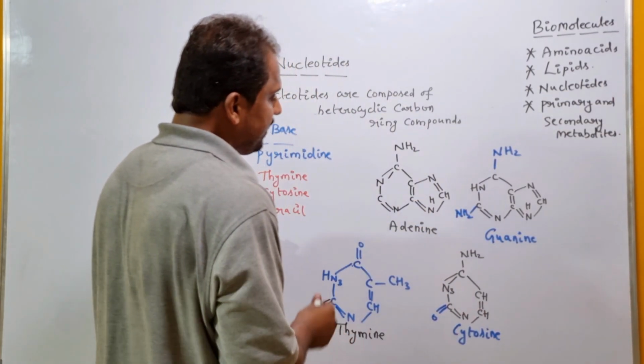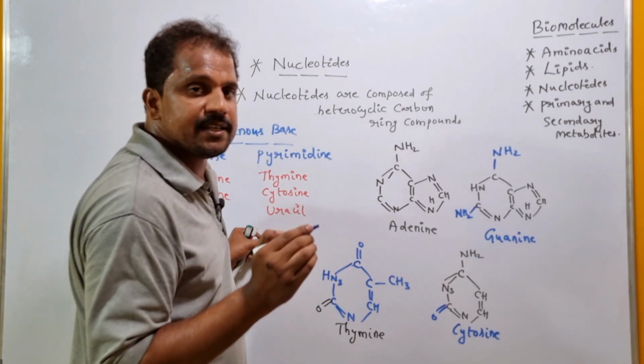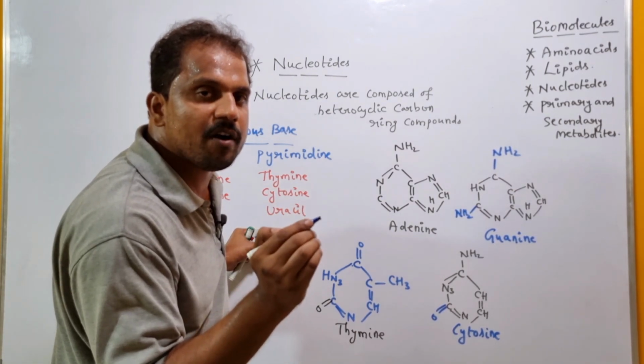In general, when the specific nitrogenous base remains in association with the ribose sugar, it leads to the formation of what?